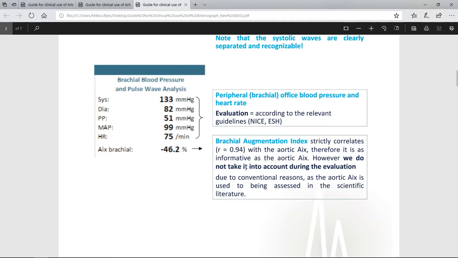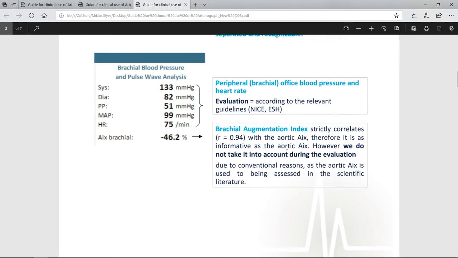However, for conventional reasons, we do not take it into account during the evaluation, because the aortic augmentation index is used and assessed in the scientific literature. For this reason, during the evaluation, we count with the central aortic augmentation index, not with the brachial one.